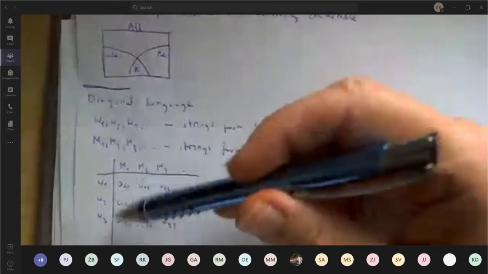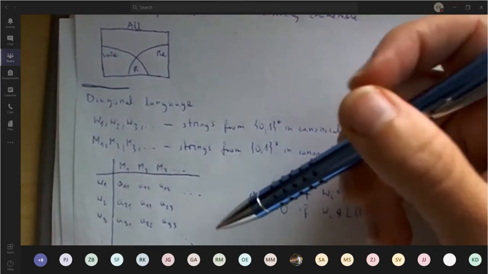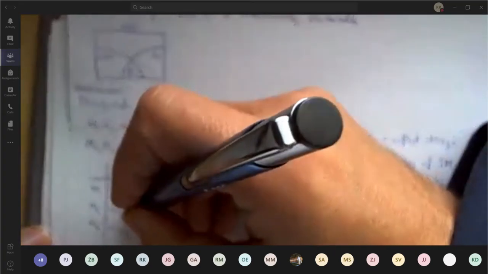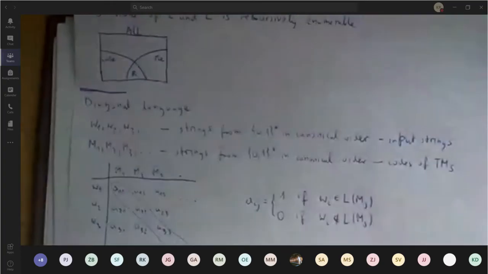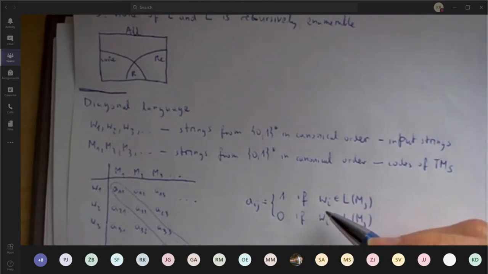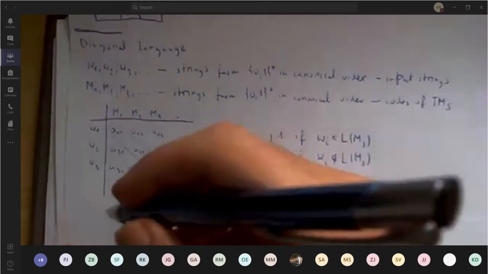Okay, so we have a table of 0s and 1s, and what we look at to define this language is the diagonal. So now we define the diagonal language.